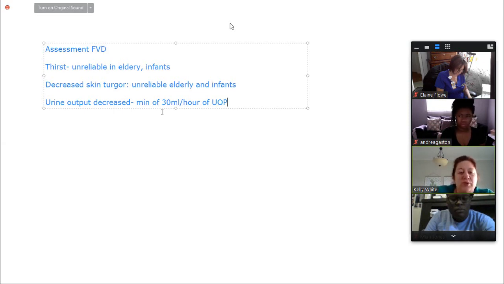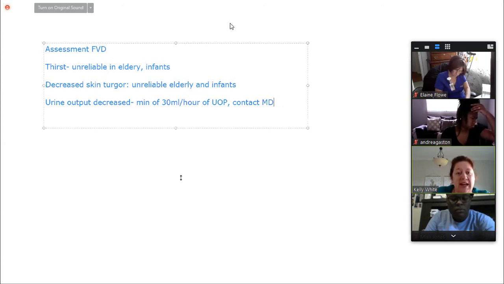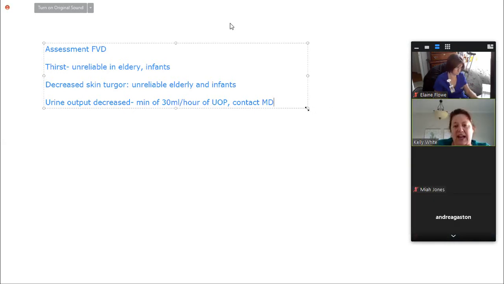If you do not have at least 30 mLs an hour of urine that you're seeing on a patient, you need to contact the doctor because these people are severely dehydrated. Okay. That is the minimum where your body has to be able to get rid of that much urine in order to not have your toxins and your waste just start building up in your system. Okay.